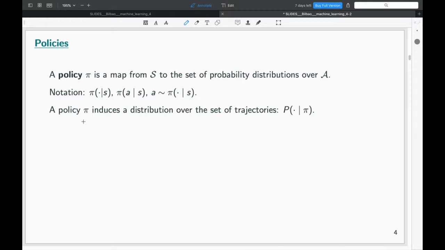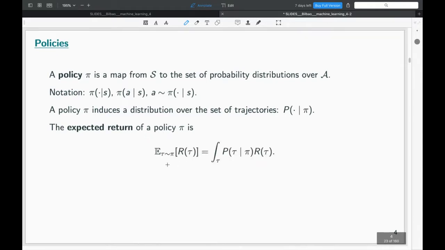We saw last week that a policy pi induces a distribution over the set of all trajectories. We denote it with this P. And the expected return of a policy pi is the expected return of trajectories when trajectories are sampled with the probability distribution induced by pi.